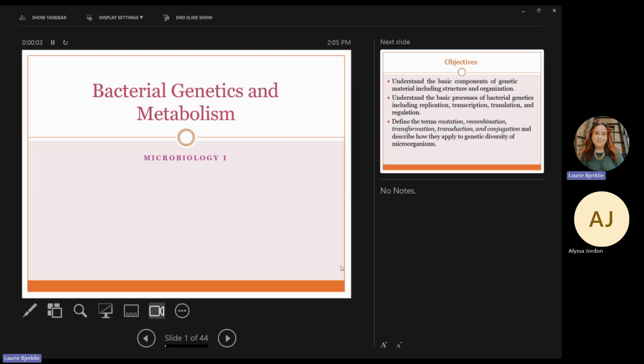But let me know if you have any issues seeing what I'm showing. Are you seeing the instructor side or the big display side? I think you're just seeing the display side. I see it says bacterial genome and objectives. Yep. So, okay. One second.